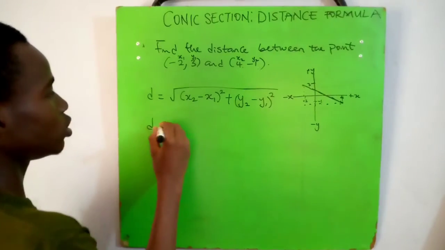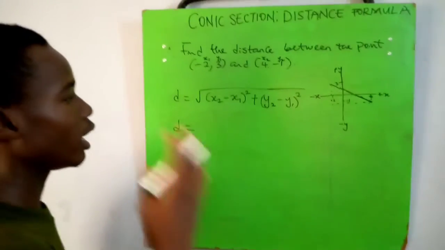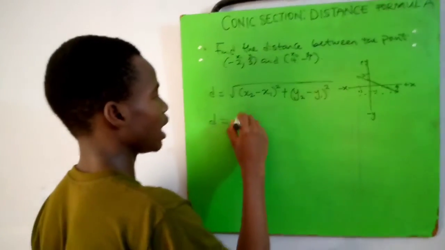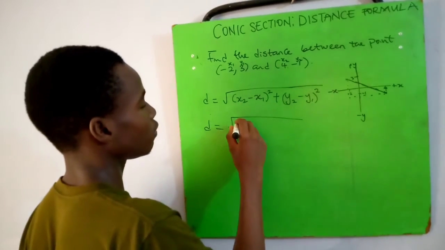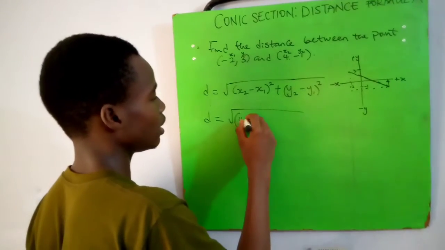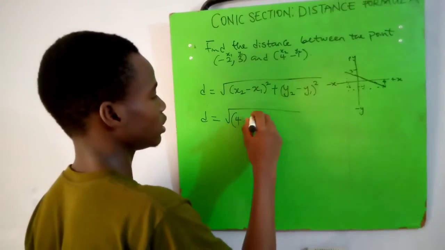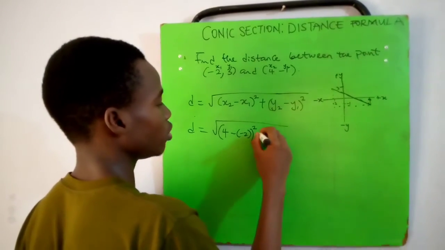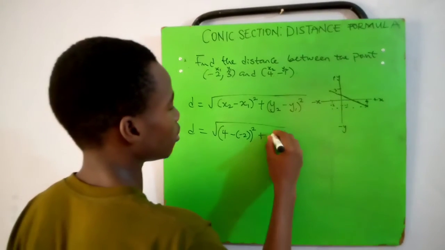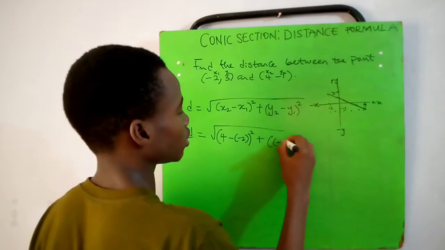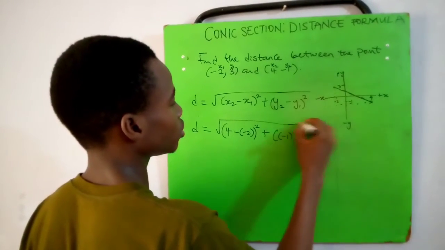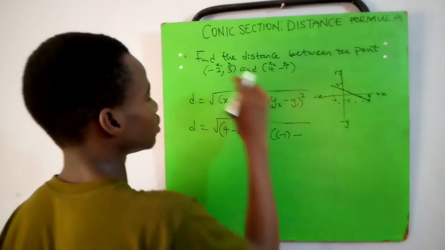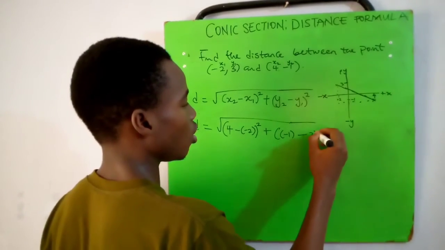So now substituting the values of x2, x1, y2, y1: x2 is 4, minus x1 which is -2, squared, plus y2 which is -1, minus y1 which is 3, all squared.